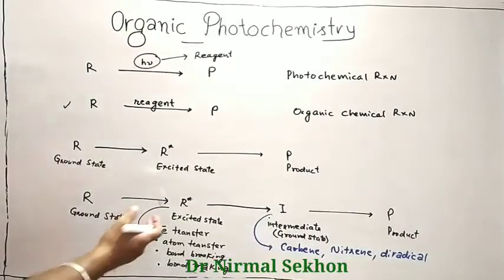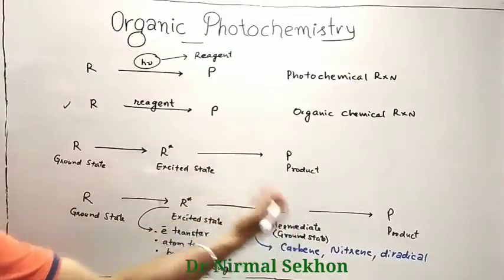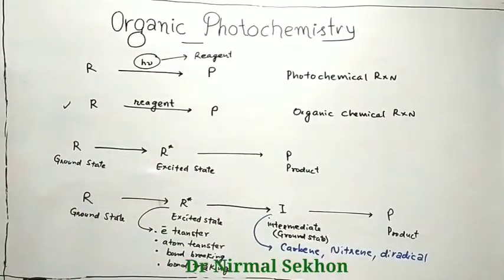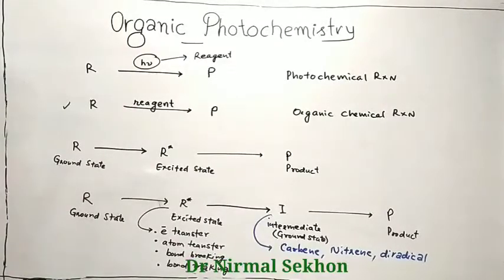By doing any one of these, R star changes to the intermediate. Keep in mind, this intermediate is in the ground state. An intermediate may be a carbene, a nitrene, or a diradical, and these are highly reactive species. Then these intermediates change to product P.